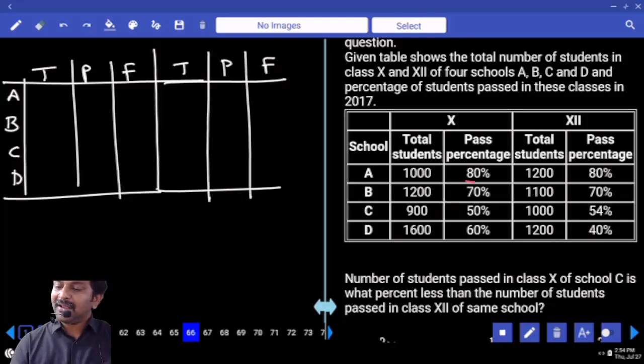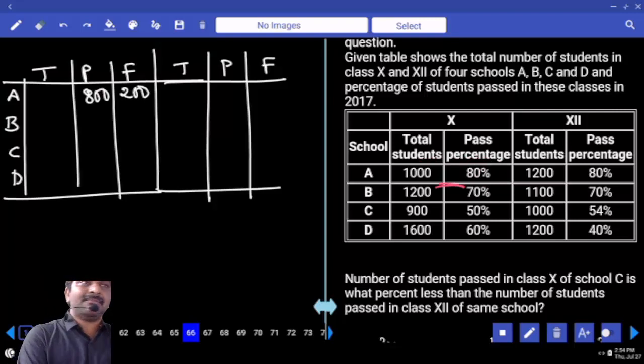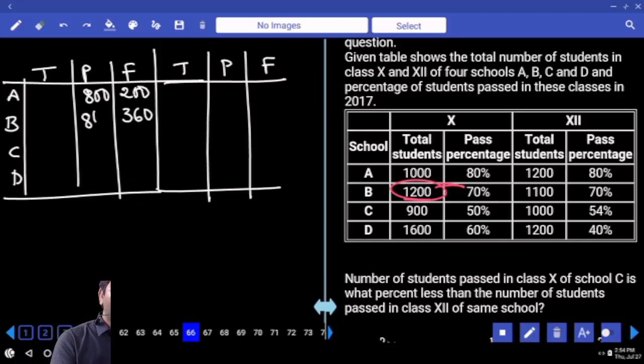Now calculate 80% of this number, 800, remaining. 70% of this number if they are pass. Wait, 30% are failures. 30% of 1200 is easy to calculate, which is 360, remaining is 840.